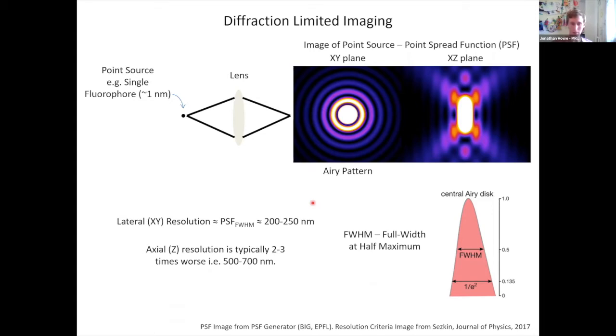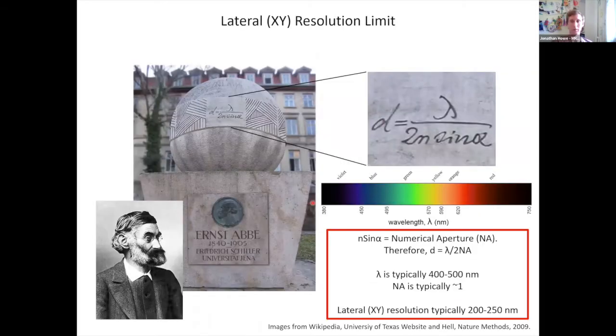If we look at the lateral resolution equation, or the Abbe resolution equation, this is it. This is Ernst Abbe, this is his memorial in Jena, in Germany, and this is his resolution equation. If we blow it up, you can see that the resolution, D, is equal to the wavelength of light divided by 2 n sine alpha.